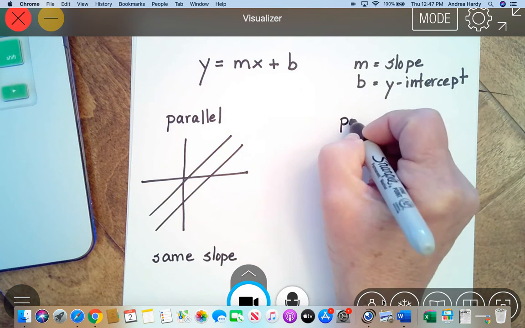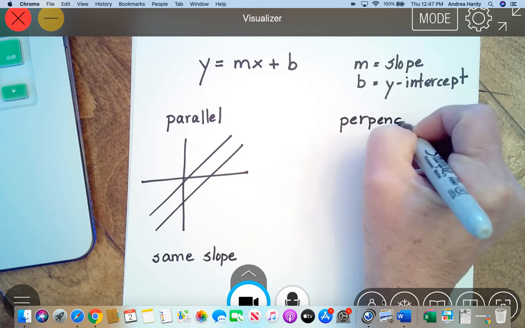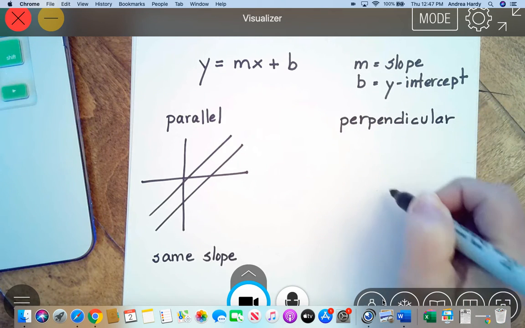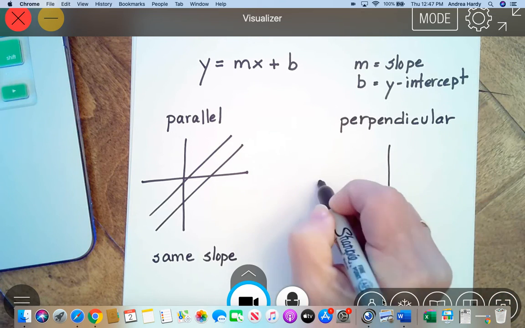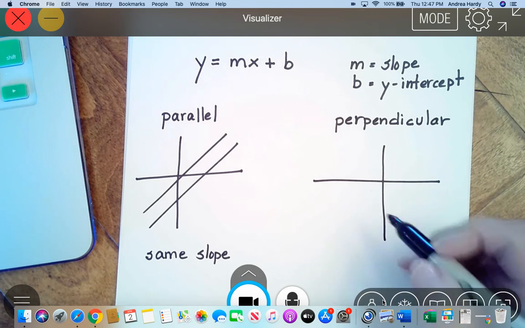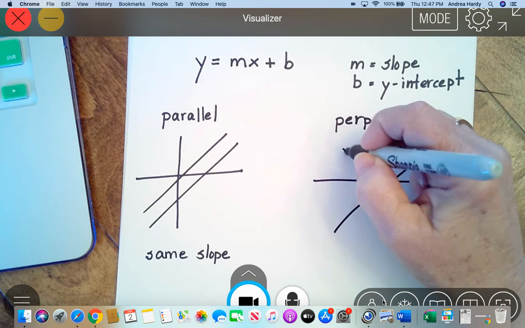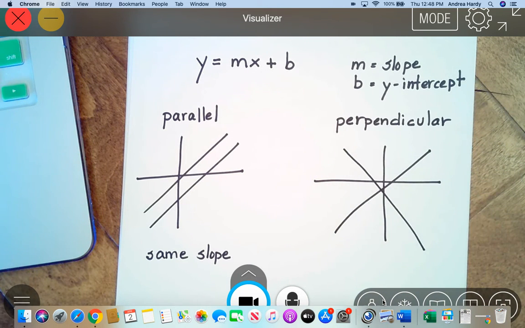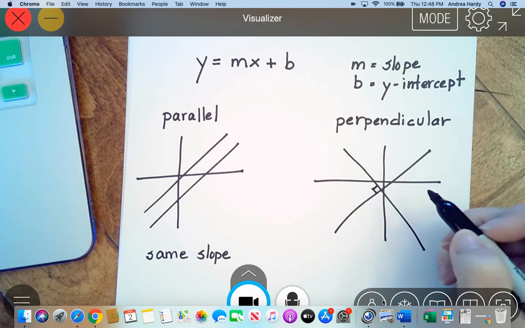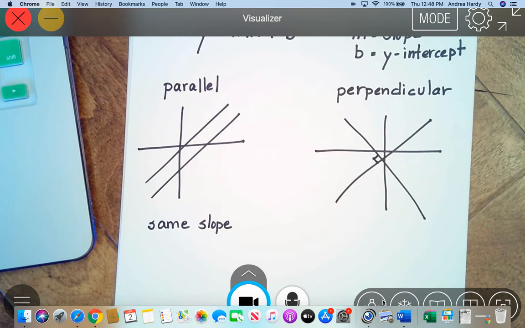If we have perpendicular lines, if you remember, perpendicular means that they are going to make a 90-degree angle. I'm not very good at drawing. Let's say these two lines are perpendicular and they intersect at 90 degrees.